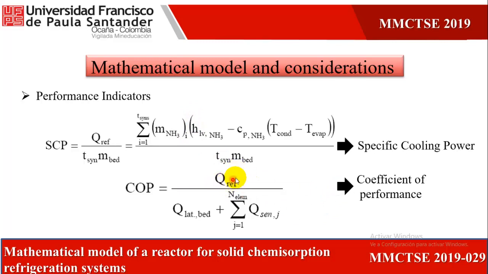Q, this term here, represents the heat of the refrigerant that occurs during the synthesis phase, and the other two terms represent the absorbed heat of the sorbent bed, such as the latent heat and the sensible heat.